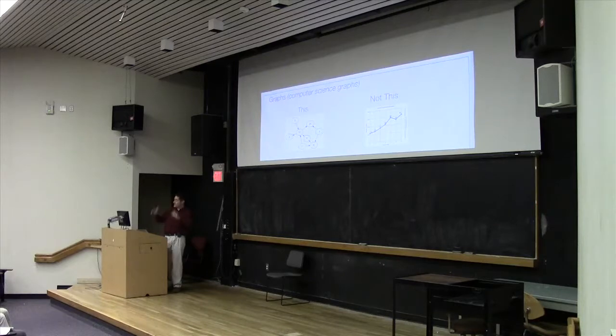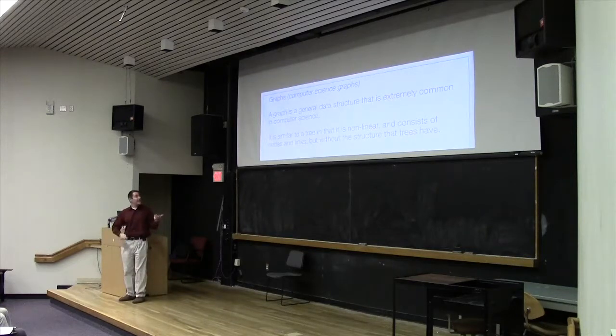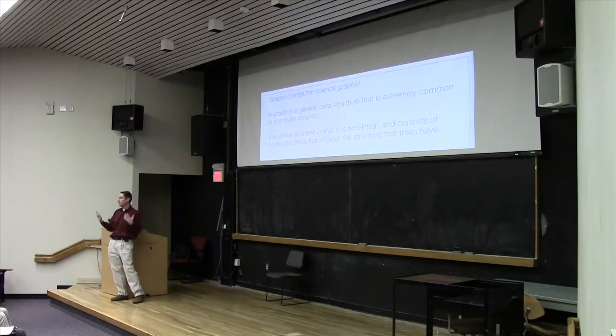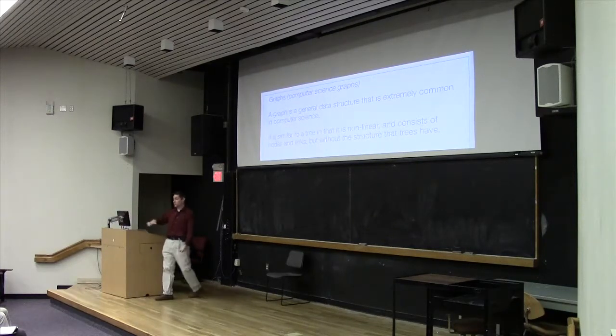So let's go through some details about what graphs are to begin with. It's a very general data structure. In fact, it's actually really common in computer science. Once you get to the next level, you use graphs for a lot of different types of algorithms. It happens to model some data very, very well in lots of different ways. It is nonlinear, of course, and it consists of nodes and links, but doesn't have that underlying structure that a tree does.